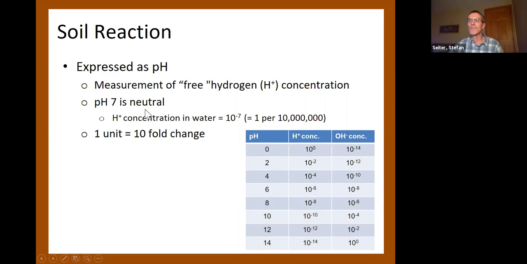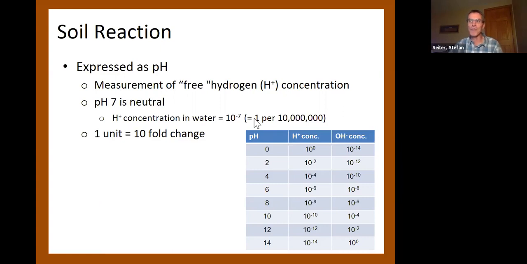And so when we say pH 7, we should really say pH -7, but nobody does that, so you just say pH 7, and it has that concentration of 10 to the power of -7, which is basically 1 unit in 10 million water molecules.